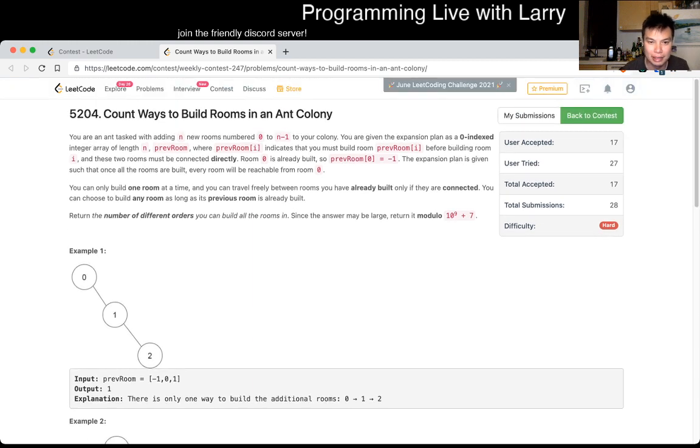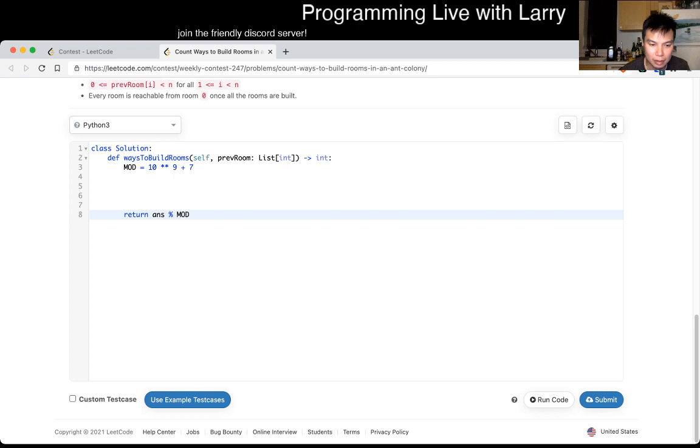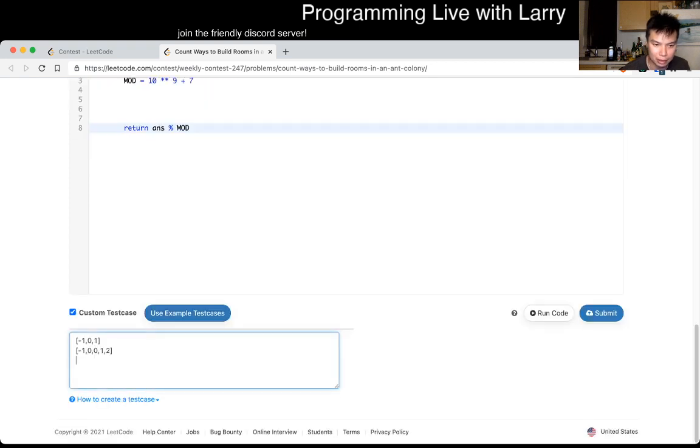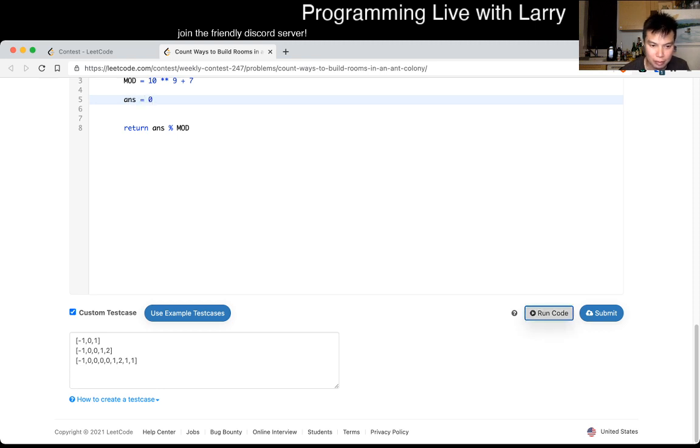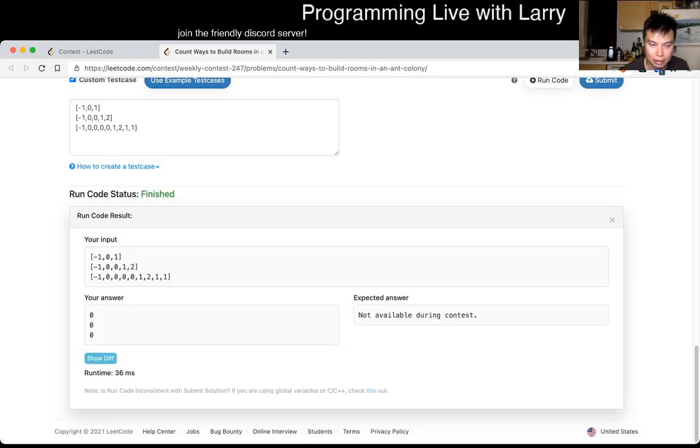Is this a binary? Nope. You can have something like that, but yep, okay.